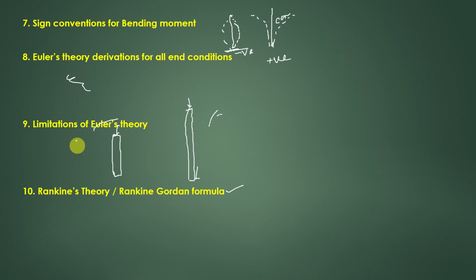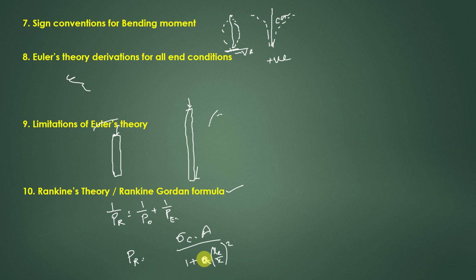So Rankine now comes and gives a suitable formula for all types of columns. He says that 1 by P Rankine is equal to 1 by P direct plus 1 by P Euler. And accordingly he decides the formula: P Rankine is sigma C into A by 1 plus, small a into LE by k, whole square.